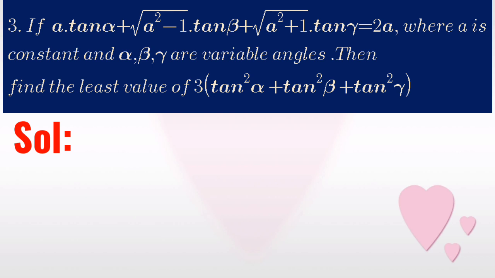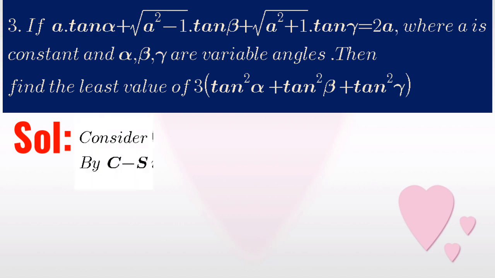I think by seeing this question, you are getting scared. Maybe you are feeling that it is hard to find. But by using Cauchy-Schwarz inequality, we can find it very easily. Now let us see how to apply Cauchy-Schwarz inequality here.